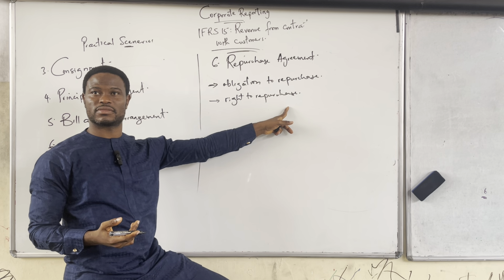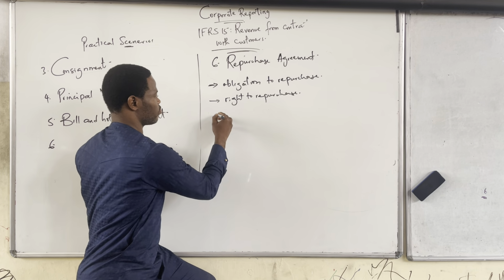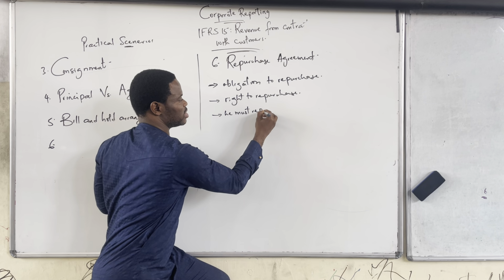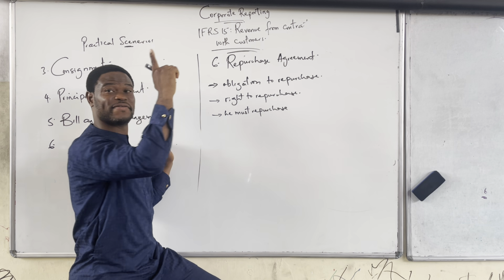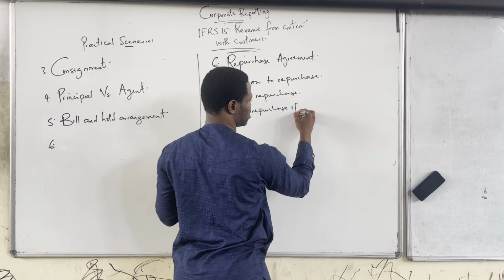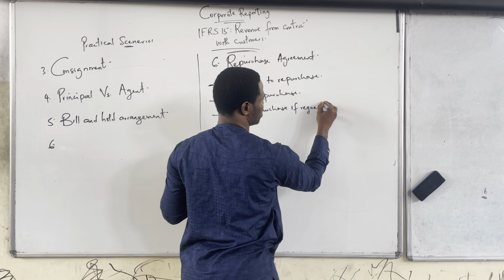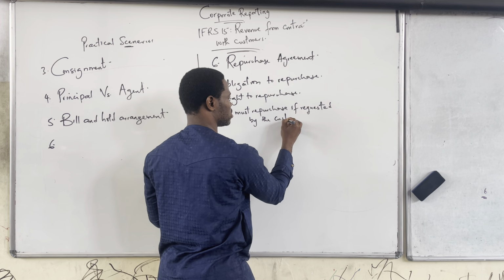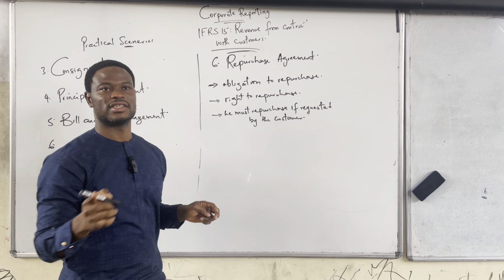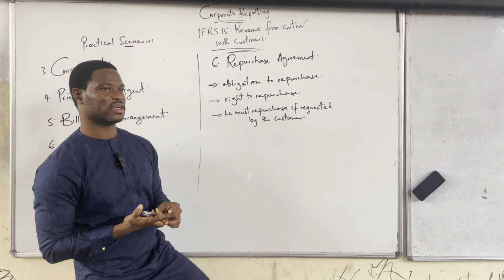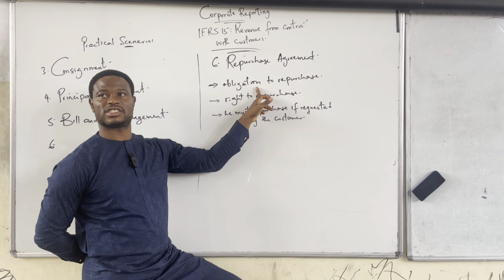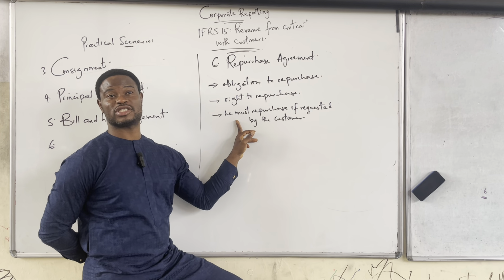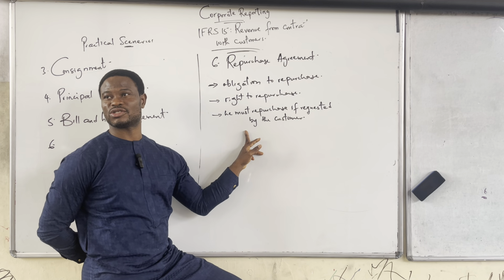The third form, he must repurchase if requested by the customer. These are the three forms: obligation to repurchase, right to repurchase, and he must repurchase if requested by the customer.